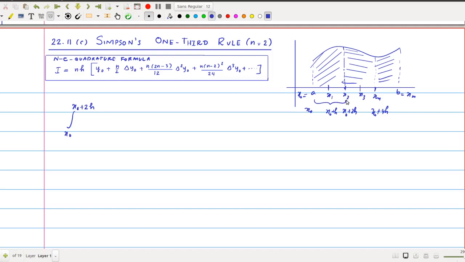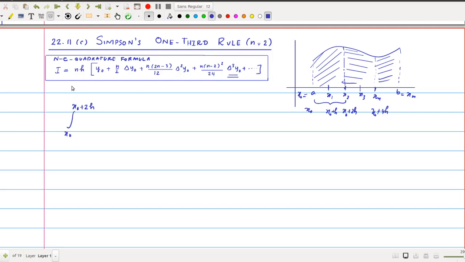That means a polynomial of degree 2, not third degree, a 3-term polynomial, that is a degree 2 polynomial. So for degree 2 polynomials, the third difference onwards will be 0, so we are neglecting these terms.